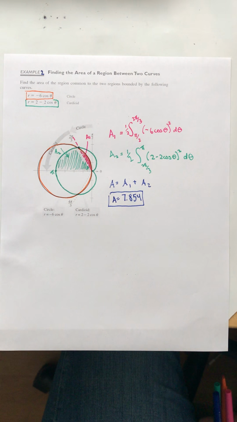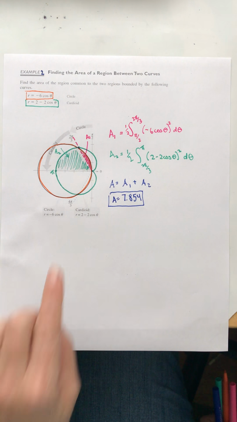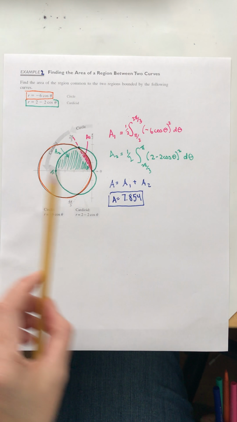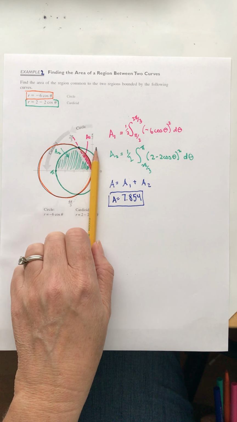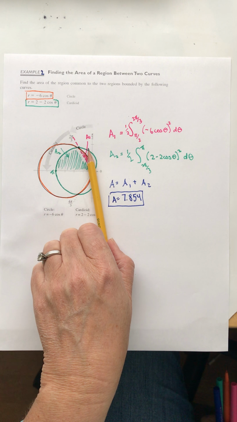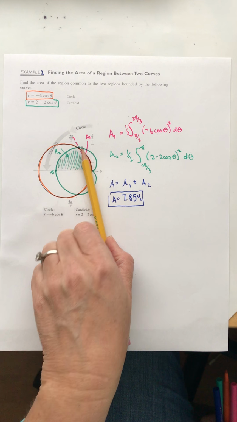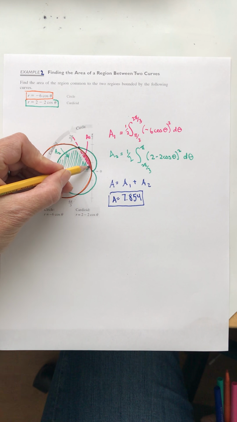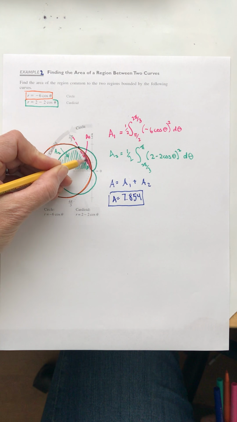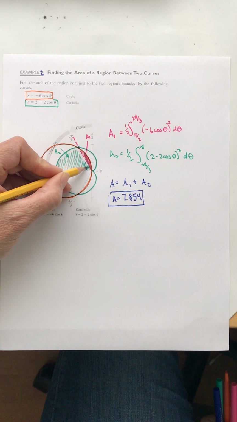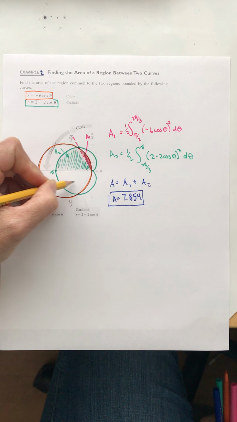And now that you've seen this, I want to recap that one more time. As I'm looking at this region here, I can tell that as the theta values are rotating through, when they're in this region between pi over 2 and 2 pi over 3, I'm only hitting the circle, the function that I have traced in orange here. I'm not hitting the boundary of the cardioid at all.